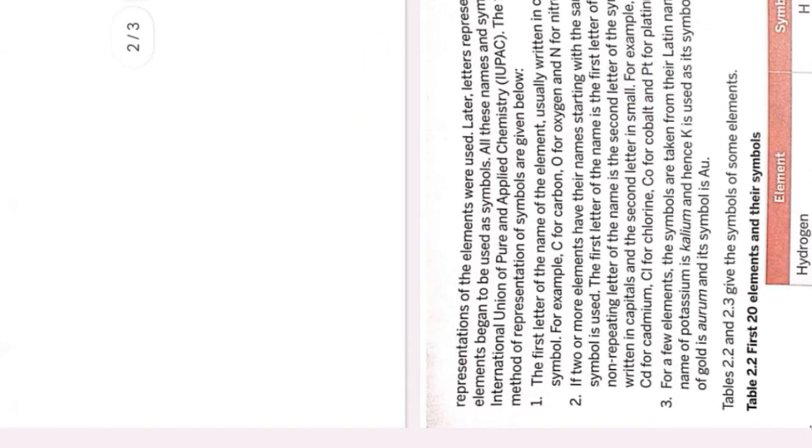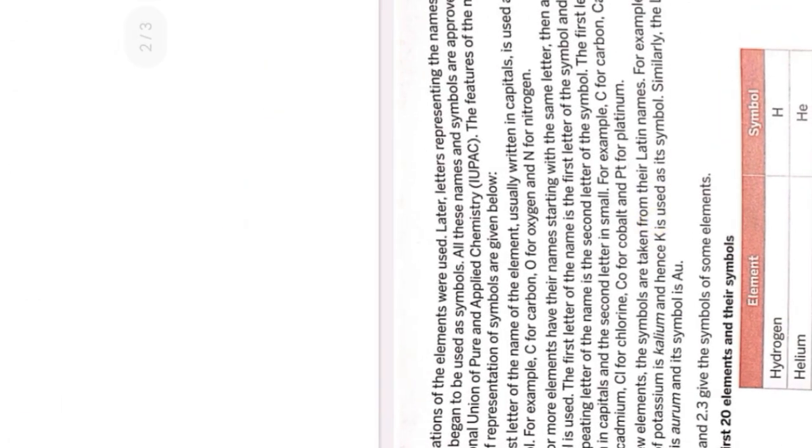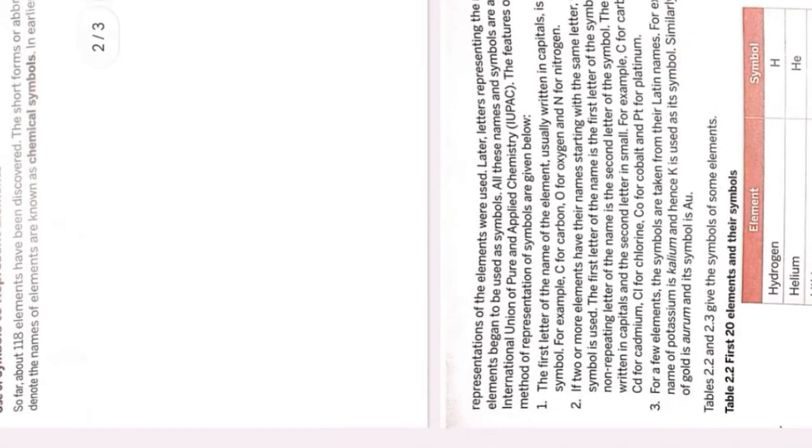At first, the first letter of the element, usually a capital, is used as the symbol. For example, C for carbon. Secondly, if two or more elements have names starting with the same letter, then use two letters. Example: cadmium Cd, cobalt Co, platinum Pt.